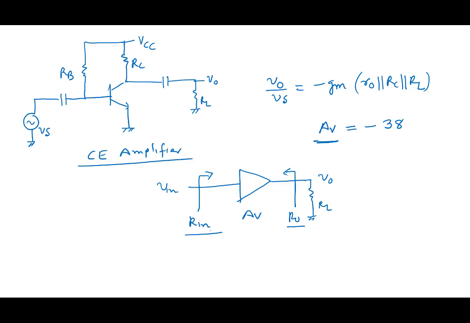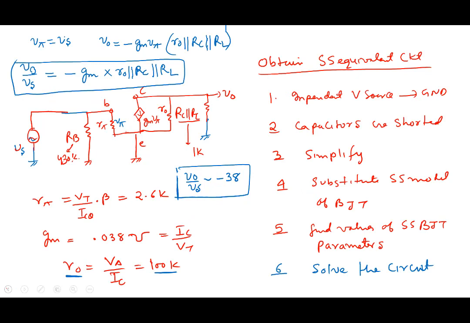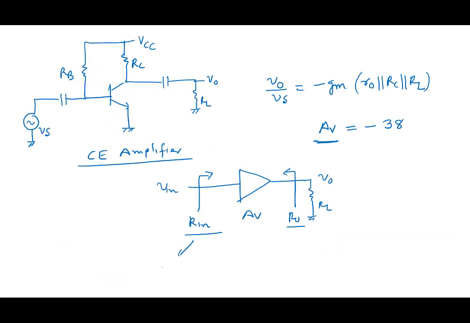So can we go back in the circuit and calculate what is Rin and what is R0? Go back here and see what is Rin. Rin is the resistance looking from here. Note that when you look from here, you see Rb parallel R pi. Alright, so Rin is Rb parallel R pi.